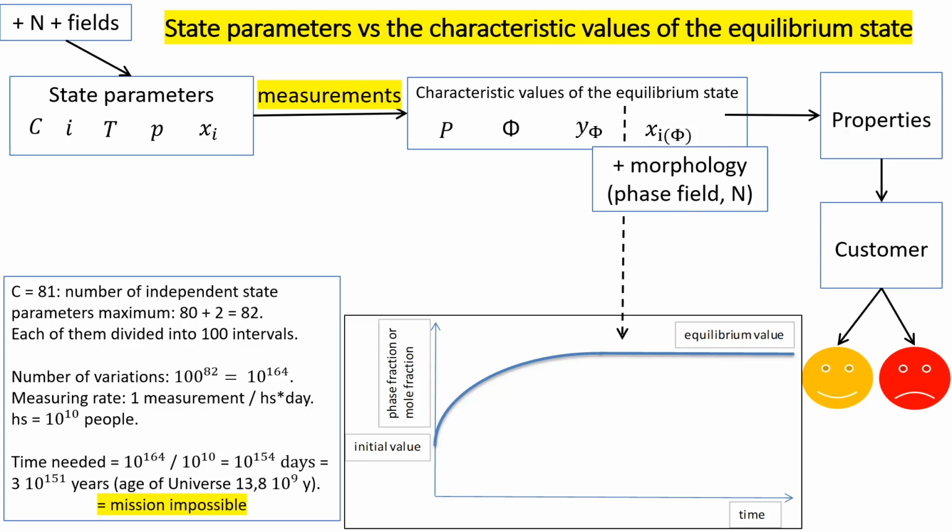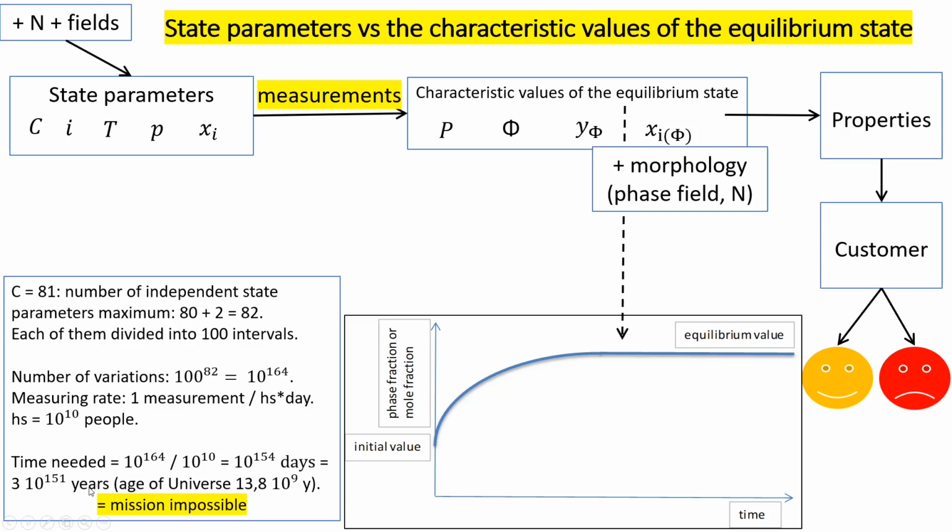And now I calculate how much time I need for this project. So I have 10 to the power 164 experiments needed, divided by the number of my co-workers, 10 to the power 10, because each of them can do one measurement per day. And then I get 10 to the power 154 days, which is 3 times 10 to the power 151 years.